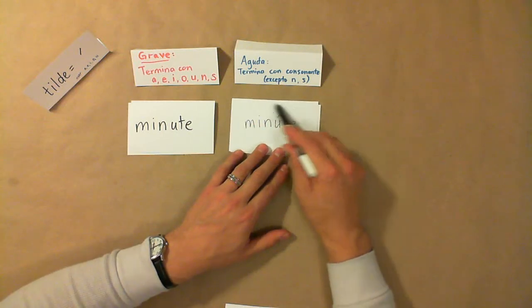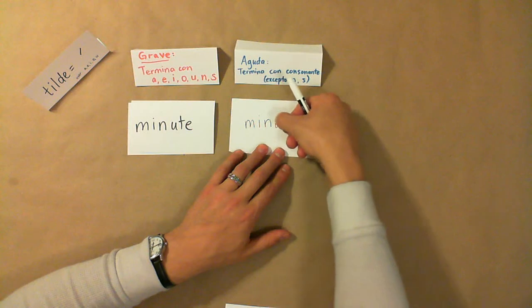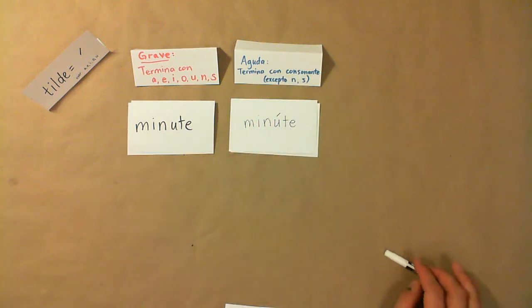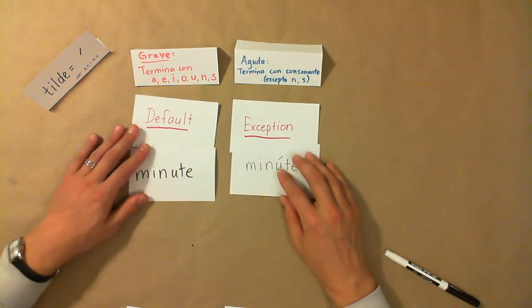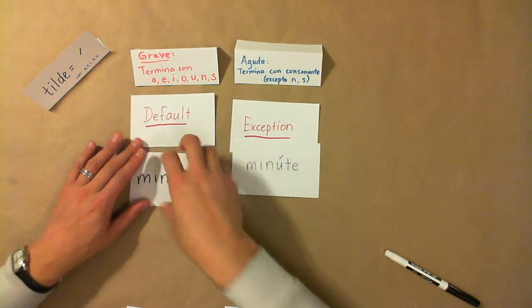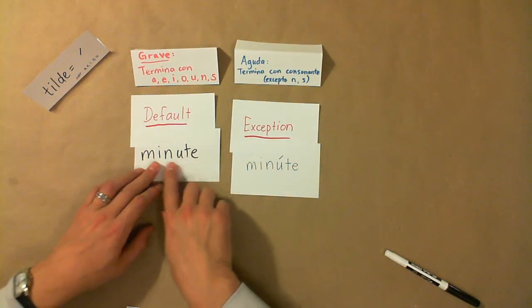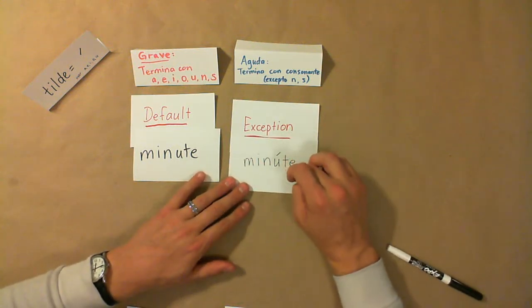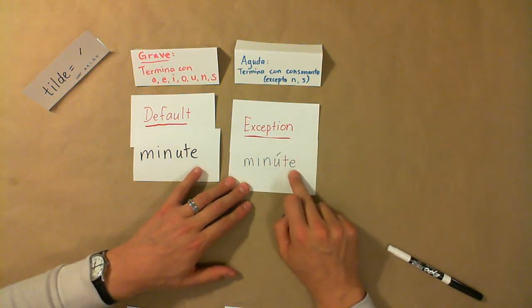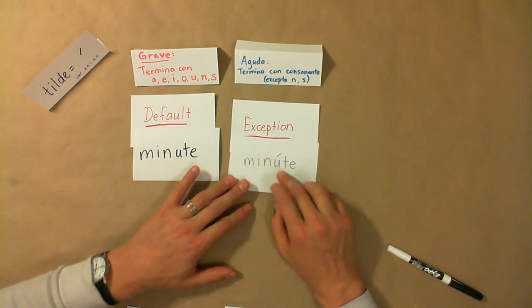The exception, this is the exception, because this one ends with a vowel. That's why we had to mark it in my previous example. Here it is, actually, I found it. The default, because this grave word ends with a vowel, is fine like this. But this does not go along with the default mode. It does end with a vowel, but it doesn't sound like MInuto, it sounds like minuTO. That's an exception, we have to mark it.